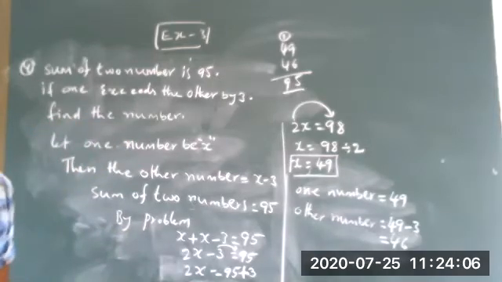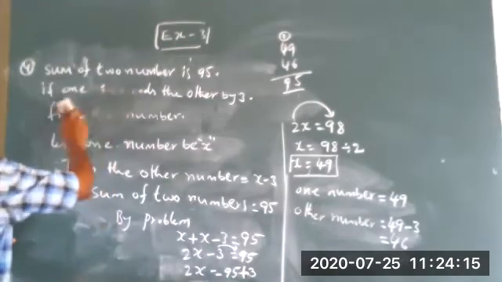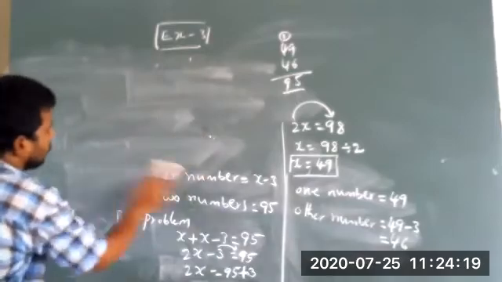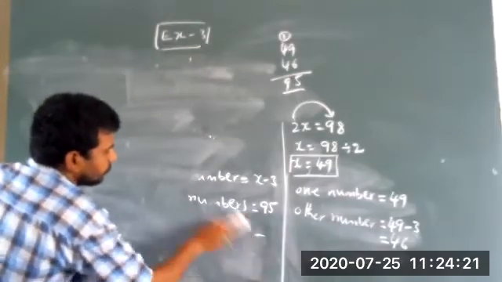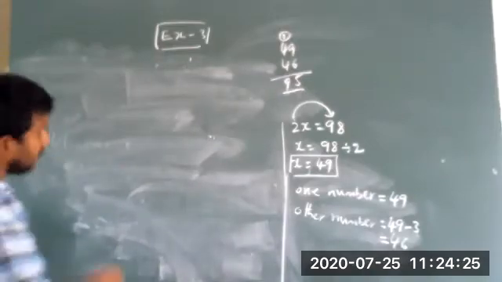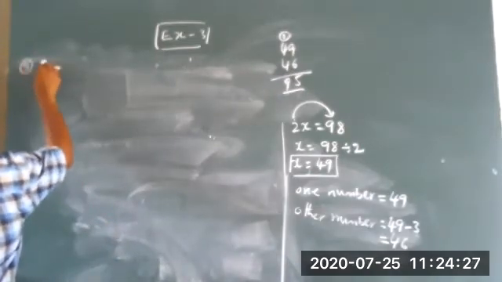Understood? Next one. The sum of three consecutive integers is 24. Find the integers.